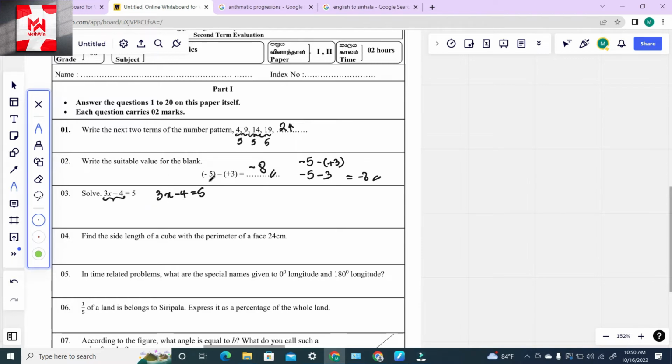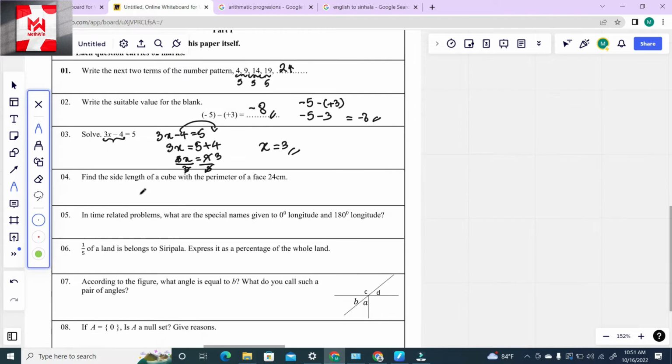When we change the side, the sign will change. Therefore 3x is 5 plus 4, so 3x is equal to 9. To find x, we divide by 3, then x should be equal to 3. When we put x equal to 3 here, 3 into 3 is 9, and 9 minus 4 is 5. The answer is correct.